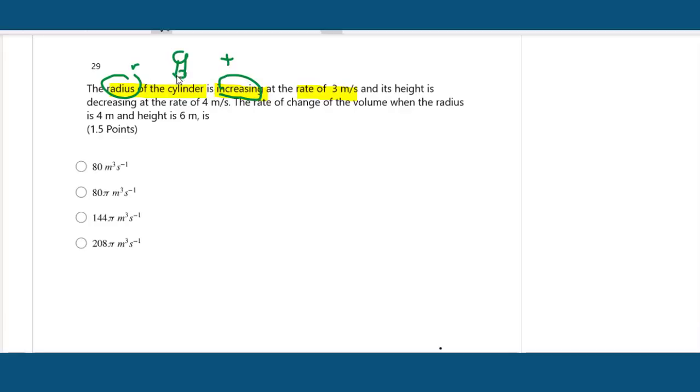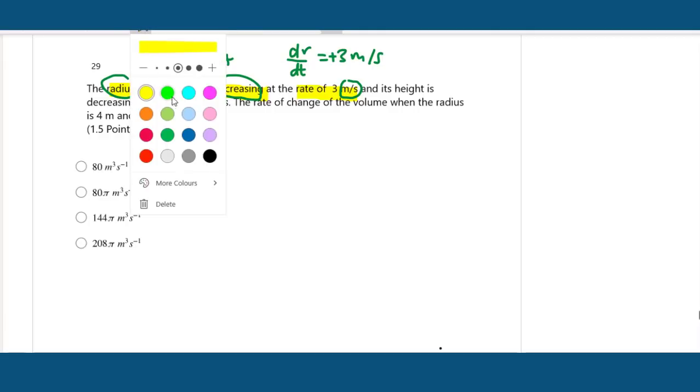This is a problem about a cylinder. A rate involves time, so check the unit. The unit is m over s, so something over time. So it is equal to 3, positive because increasing. So here we mention radius, so dr/dt is equal to 3 meters per second. Okay, the first sentence is done.